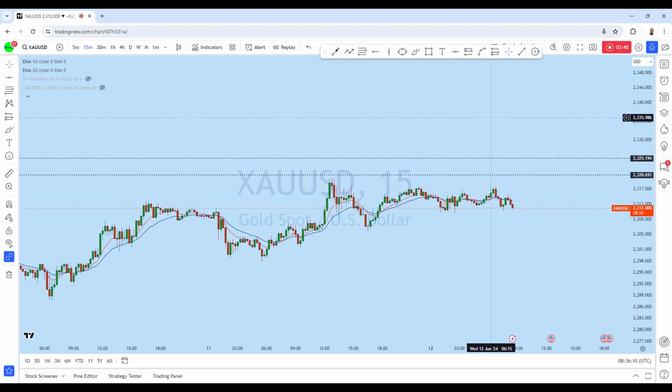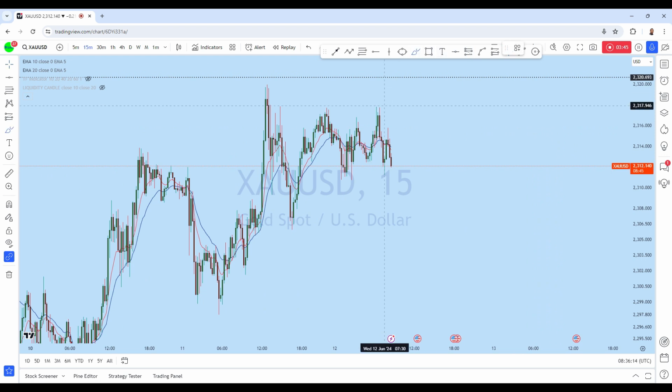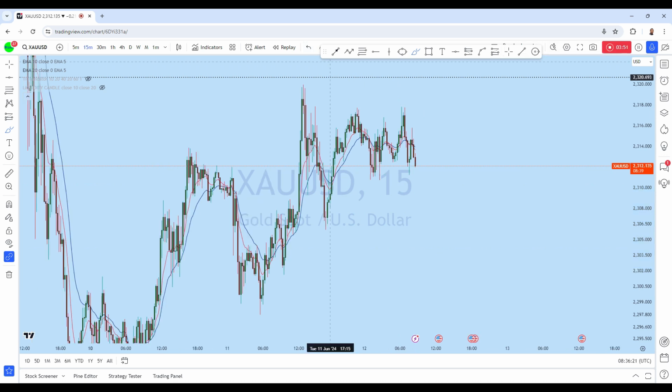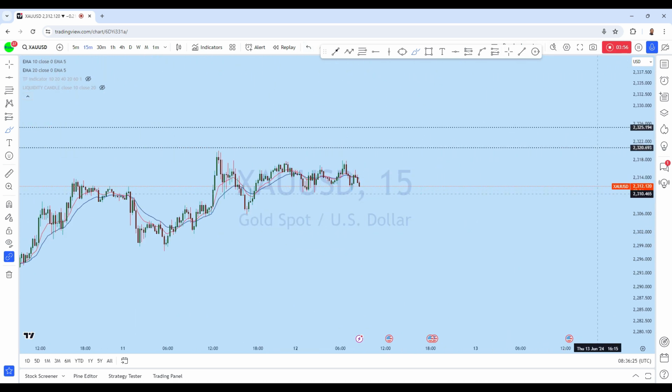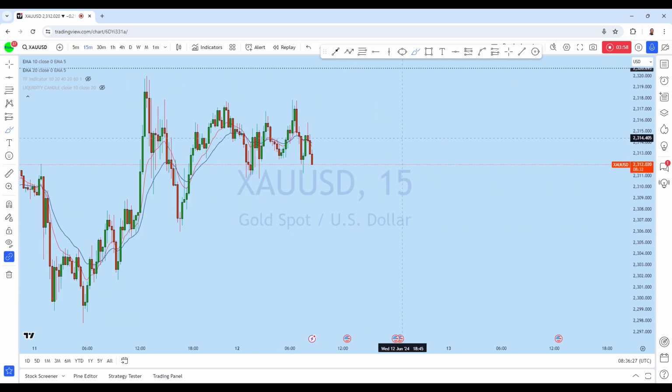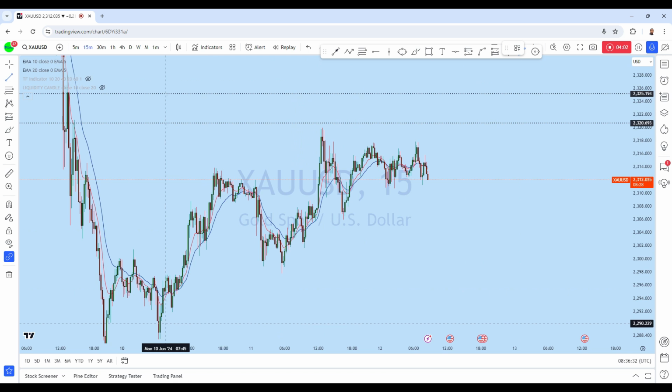From the day trading perspective, if we go to the 15-minute chart, we can see it's forming a head and shoulders, which is a sign that gold might break below from this level, as the price has already made this significant pullback. So we'll be waiting to see a break of structure, which is essential for a selling opportunity.